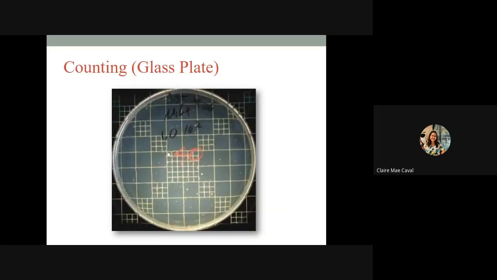So how do we count? Actually, class, when you use glass or sterile plastic petri dishes, there are different ways of counting. Let's have first the glass plates. For the glass plates, you count vertically and horizontally. You choose 6 squares vertically. You count the colonies sa 6 squares vertically and you also count the colonies sa 7 squares horizontally.